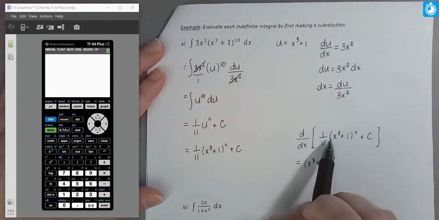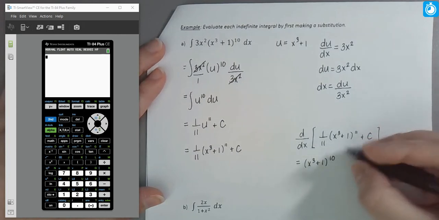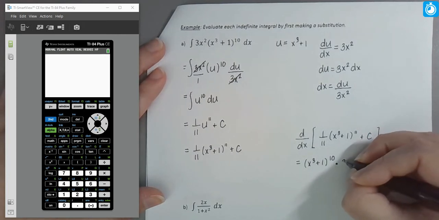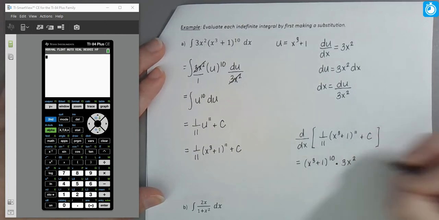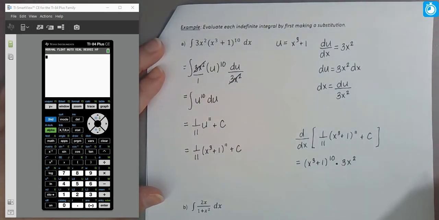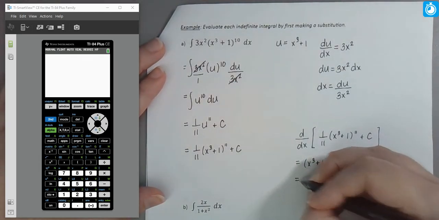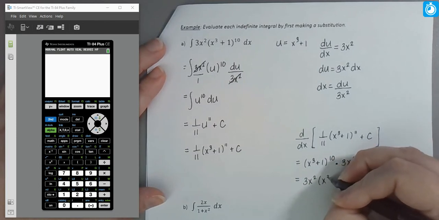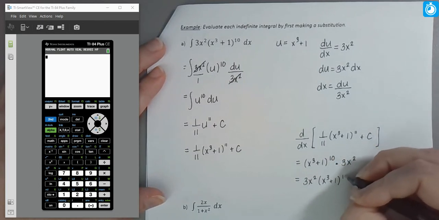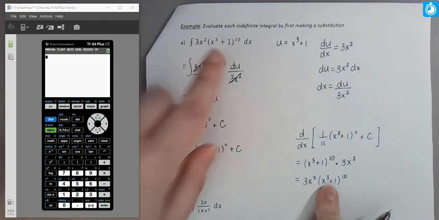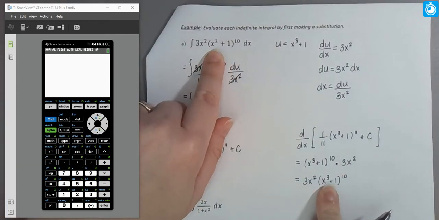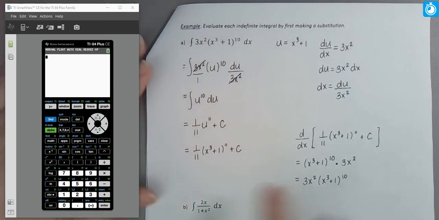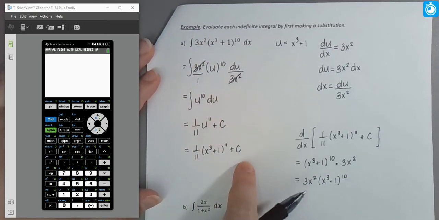But because this was a nested function, we also have to multiply by the derivative of the inner function, which is 3x squared. And if we just rearrange that a little bit, that would be 3x squared times (x cubed plus 1) raised to the 10th power, which is exactly what we started with. So that verifies that we did in fact find the correct antiderivative.